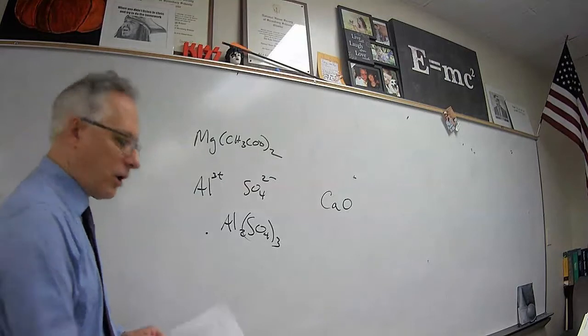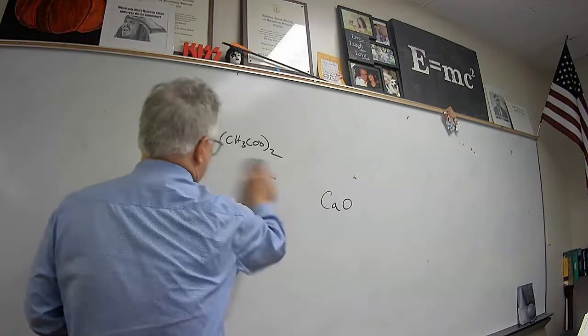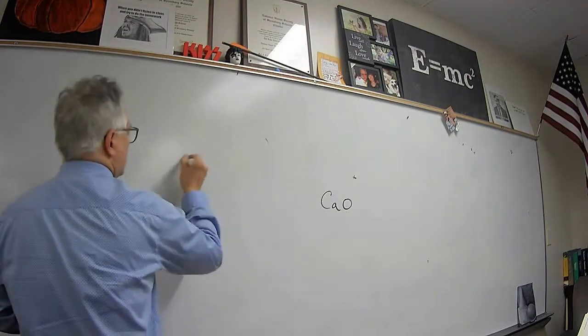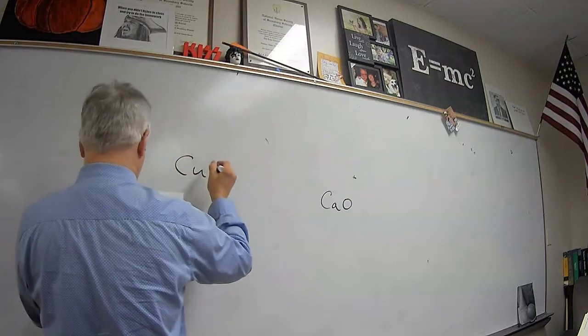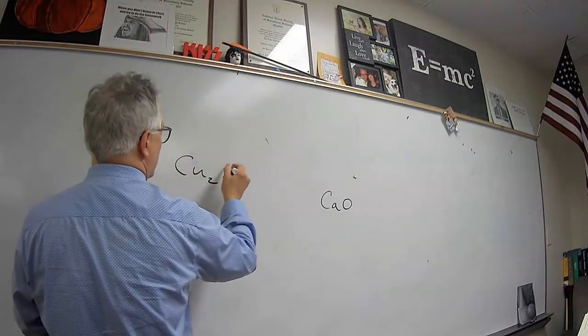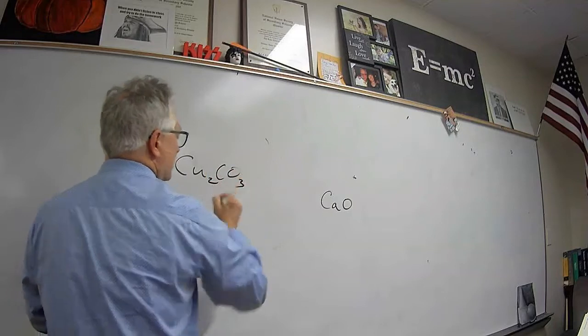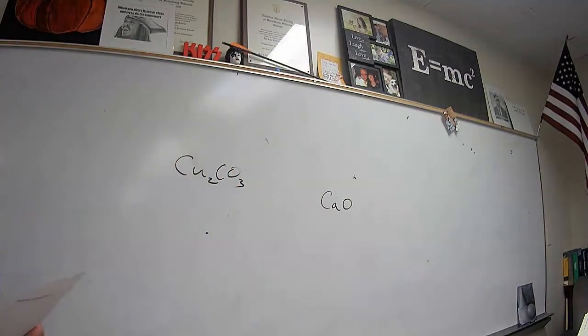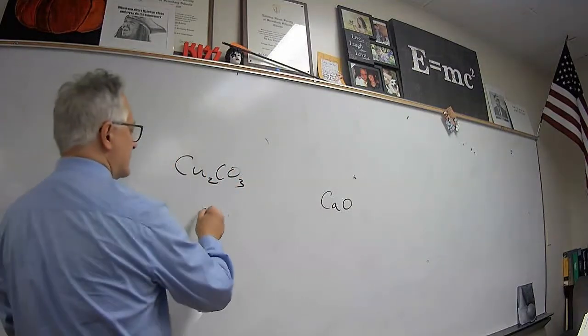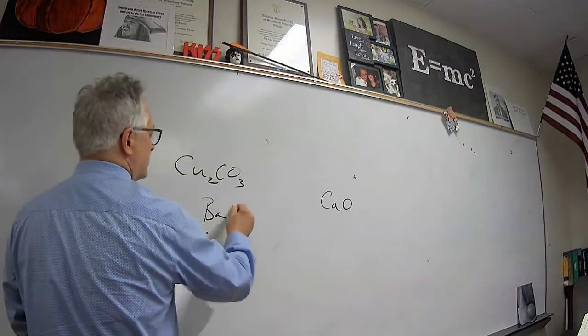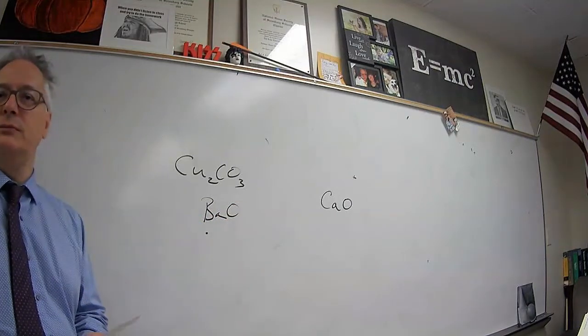Copper 1 carbonate. Well, copper's +1 and carbonate is a -2. So there'd be your formula for copper carbonate. Barium oxide. Barium's +2, oxide's -2. And we're all good.